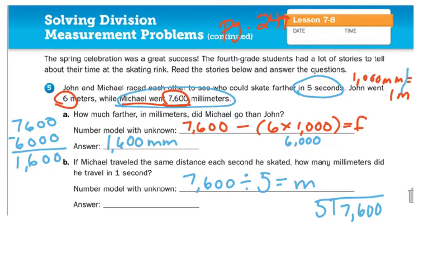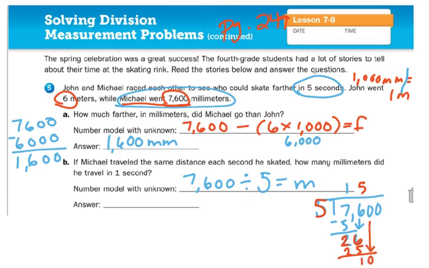So 5 goes into 7 one time. Let's subtract that from 7. Bring down your 6. How many times does 5 go into 26? Goes in there 5 times, which is 25. Go ahead and subtract.